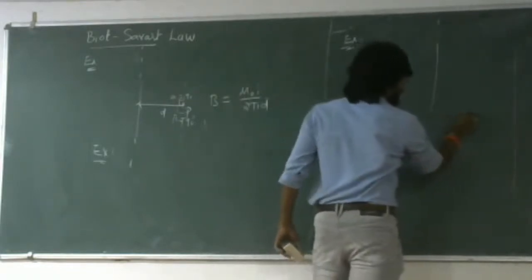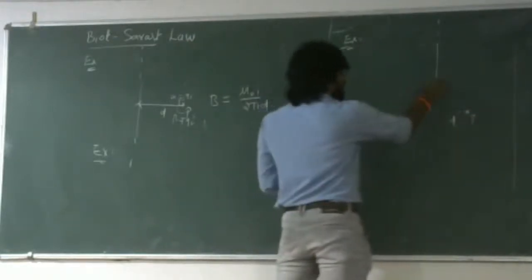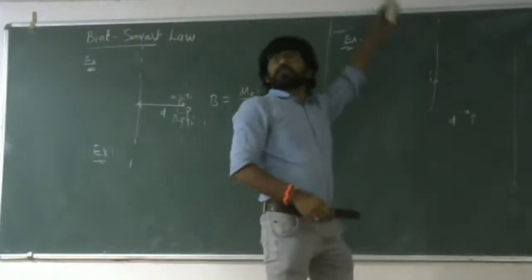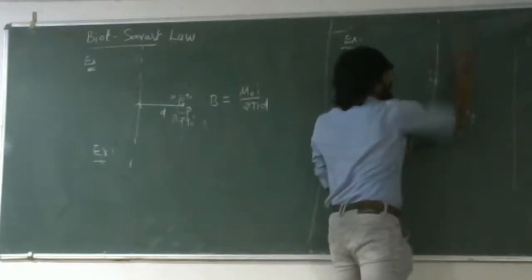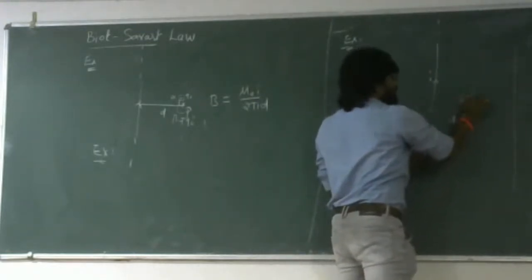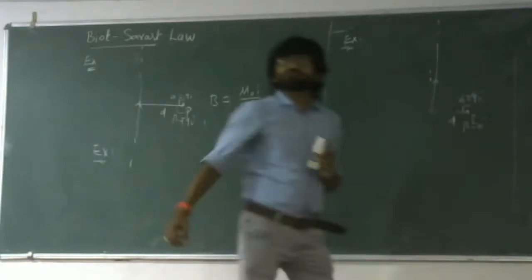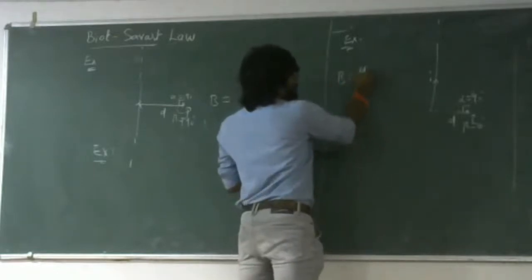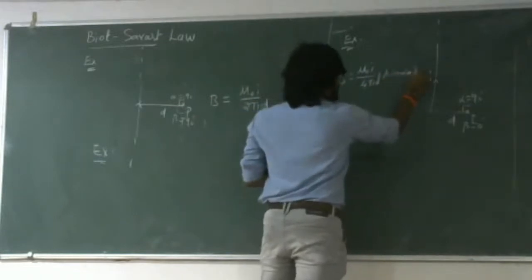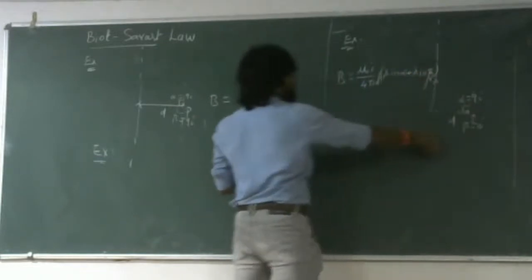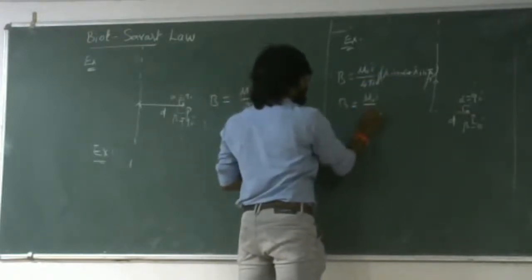So near one of the ends, if you consider a point at a distance d, and a current I is passing and it is going to infinity, in that case the line drawn will look parallel. Hence alpha will be 90 degrees, but beta will be parallel to this, so beta will be equal to 0 degrees. As B is equal to mu naught I by 4 pi d into (sin alpha plus sin beta), here alpha is 90, beta is 0. So what do you get? 1 plus 0 is 1. So here B is equal to mu naught I by 4 pi d.